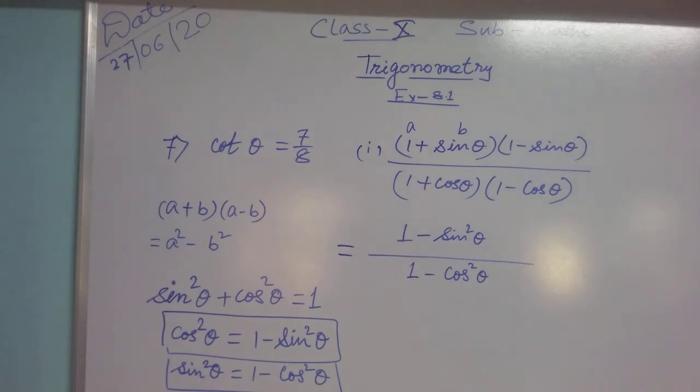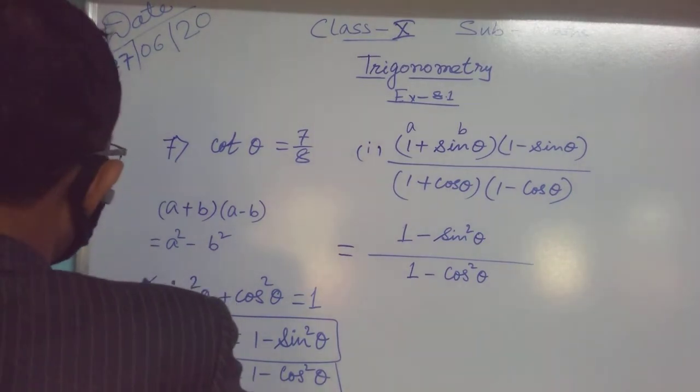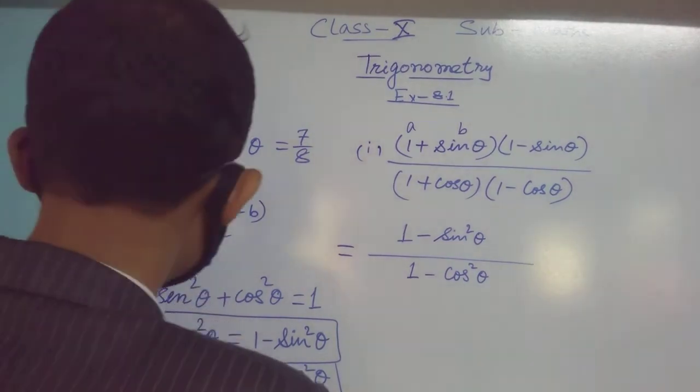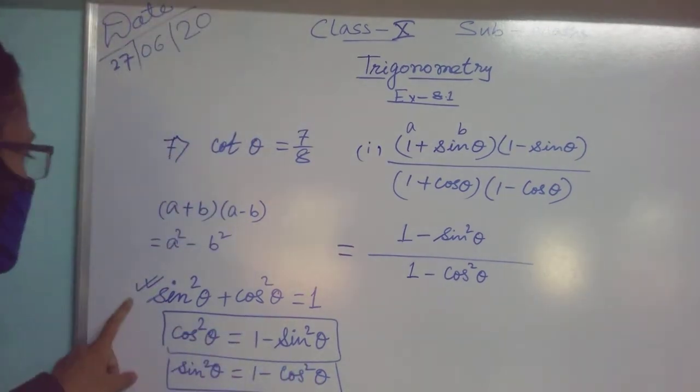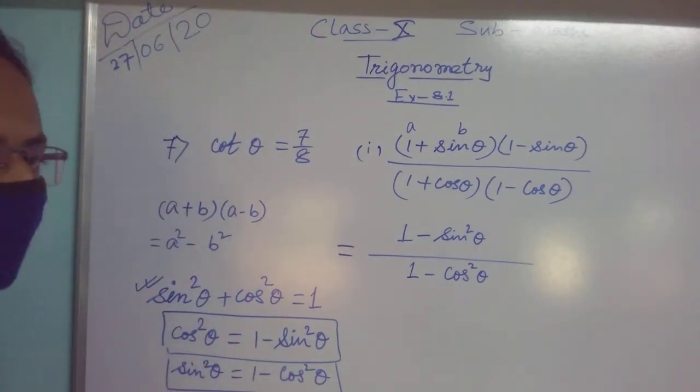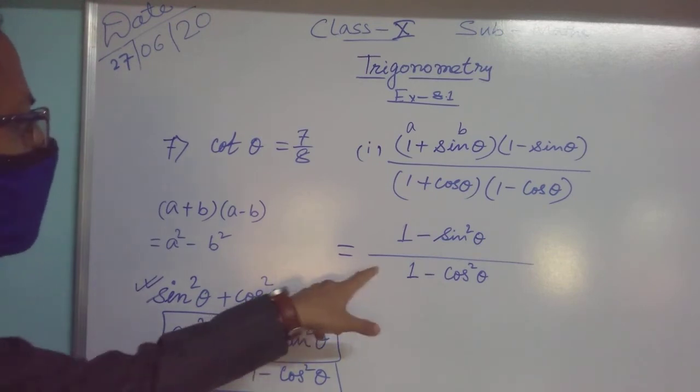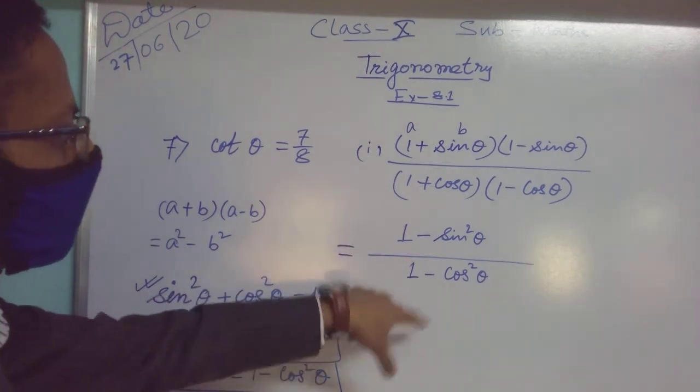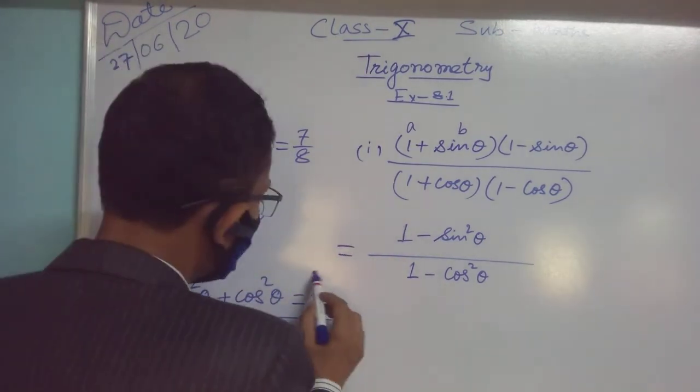These two relations we have derived from the basic identity, and from this identity only we have derived these two. Now we will use these two over here to simplify this further.